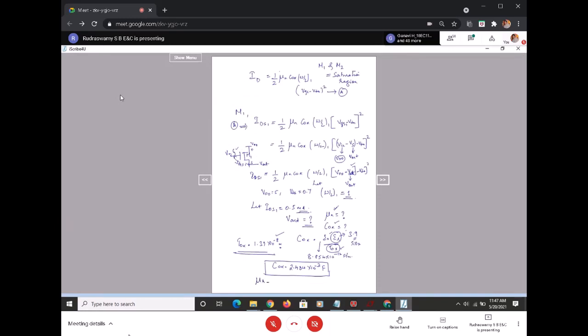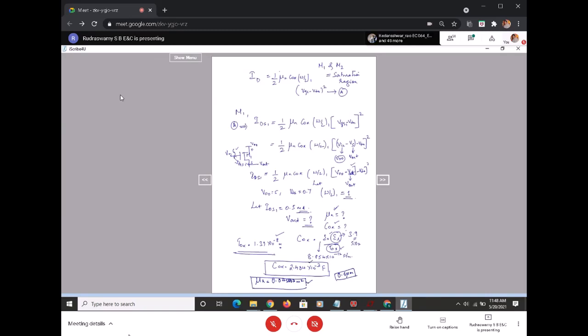Mu n is given by 0.045843 meter square. So this is the mobility. Now, we know the mobility with respect to the technology file, and this technology file is basically 0.6 micrometer. 0.6 micrometer is the technology that we are dealing with. So we know the mobility.